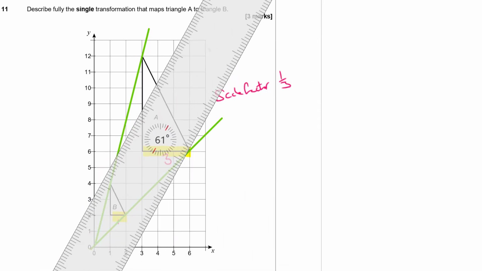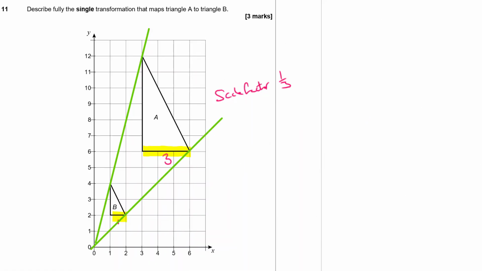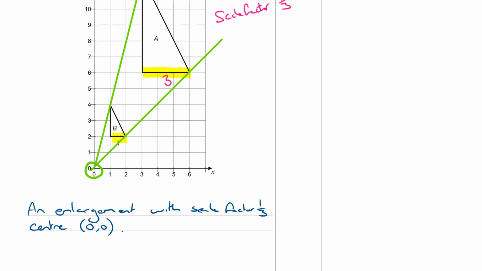I could draw a third one in as well, but I've already seen what the answer is. They're all converging on this point here, so that's the center of enlargement. To fully describe the transformation, I'm going to say that this is an enlargement with scale factor 1/3 and center origin.